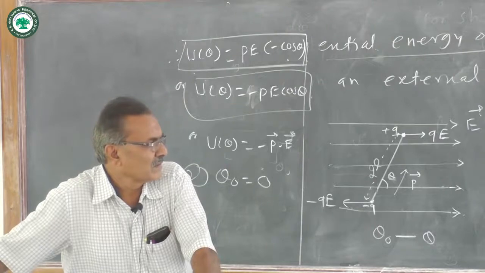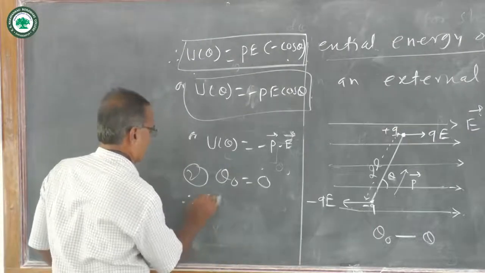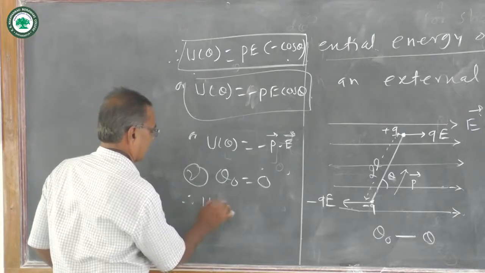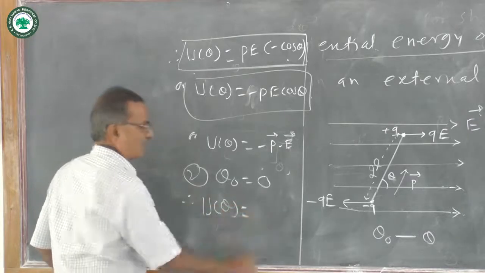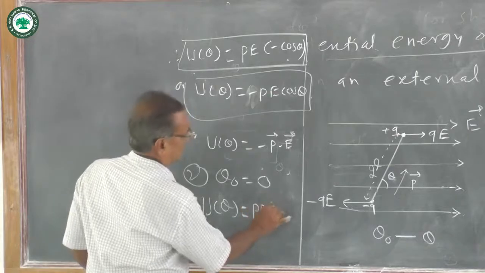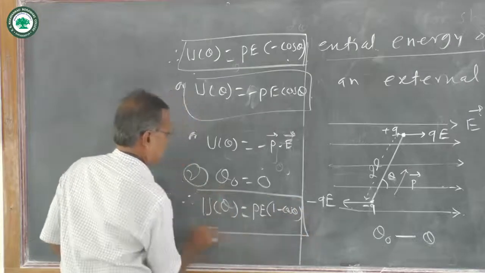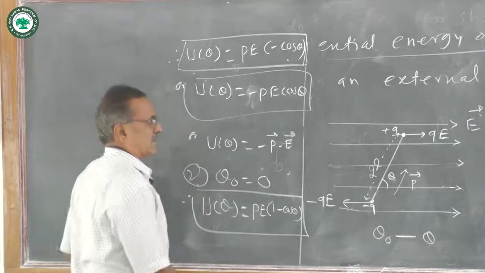Therefore from equation 2 we can write potential energy equals PE in bracket 1 minus cos theta. This is the other equation.